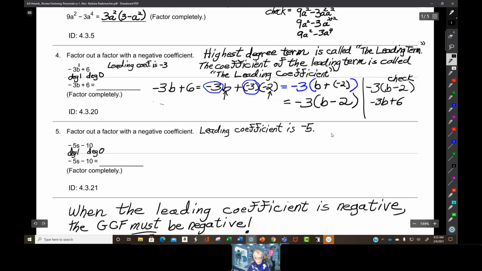And negative 3b plus 6. Yes, it's what I started with. So that means this factorization is correct. Negative 3, parentheses, b minus 2. There you go.